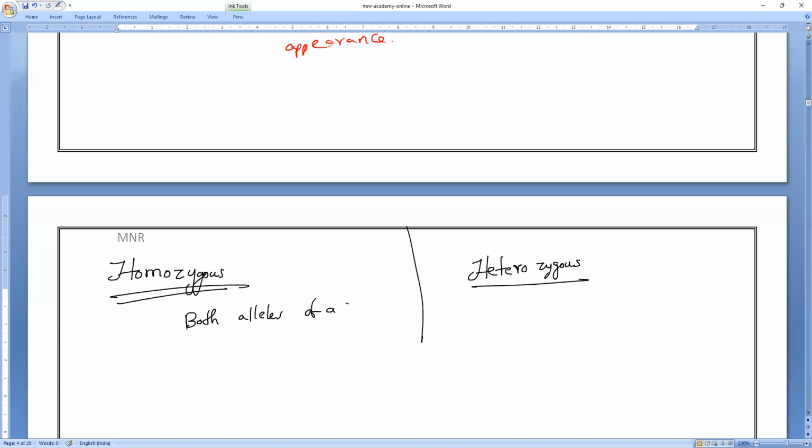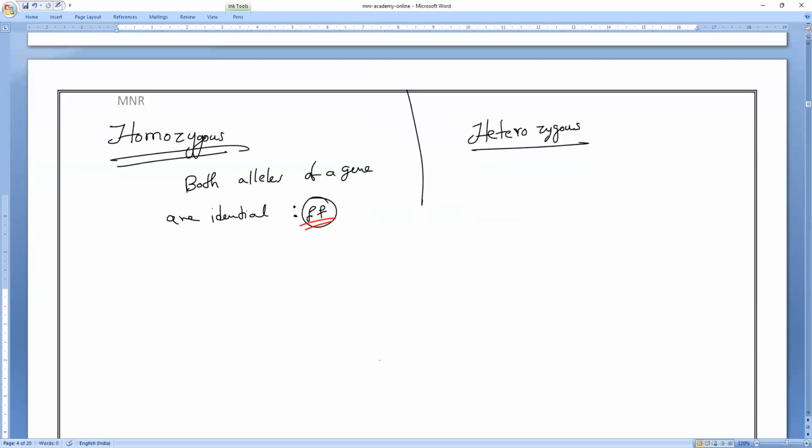Both alleles of a gene are identical. Can you give me an example? If I write small f and small f, are they homozygous or heterozygous? Pure, guys. Both are pure.